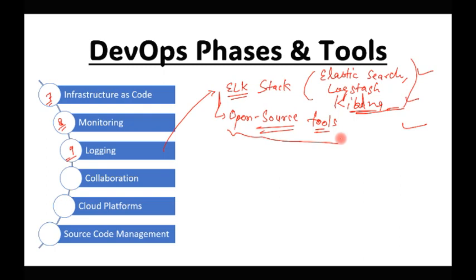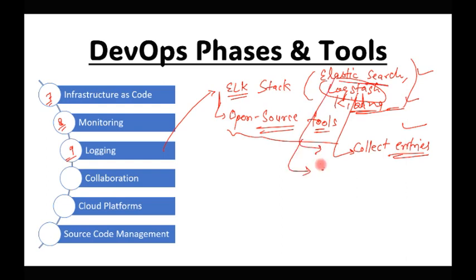Applications and systems generate log entries containing information about their activity. Here the component called Logstash collects these entries from various sources. These sources can be anything like files or APIs, and it parses this information into a structured format.